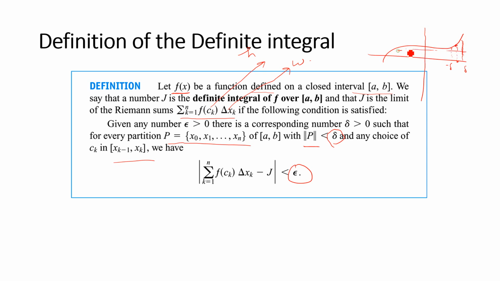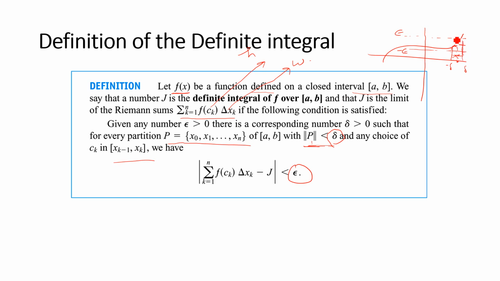This is the minus epsilon part, and this is the epsilon part. The same concept is applied here, but in this case this is the rectangle, and we are trying to squeeze its width to 0 by letting this norm approach 0. So J is called the definite integral over the closed interval.